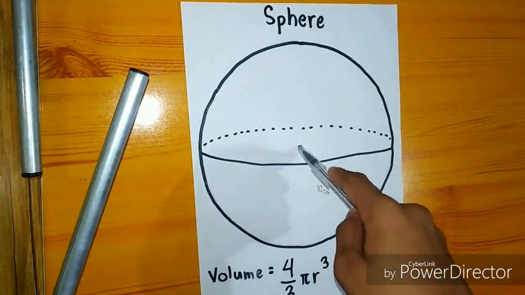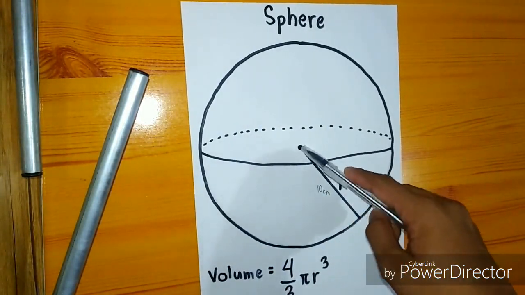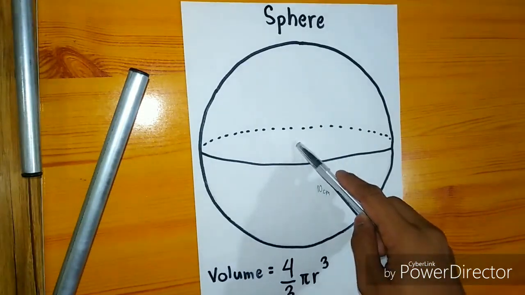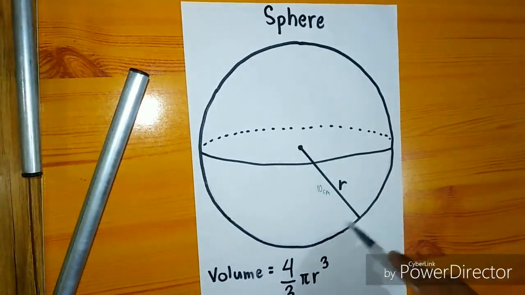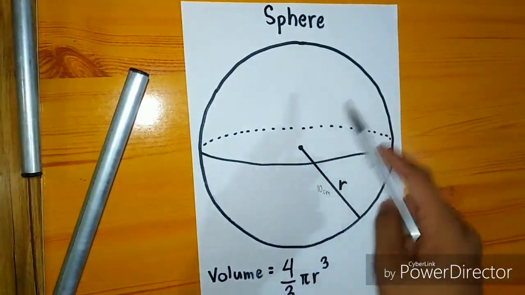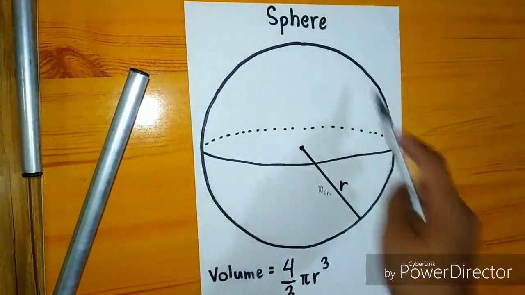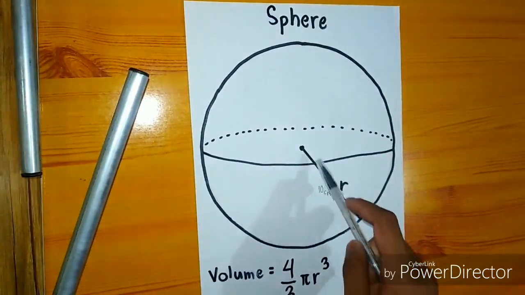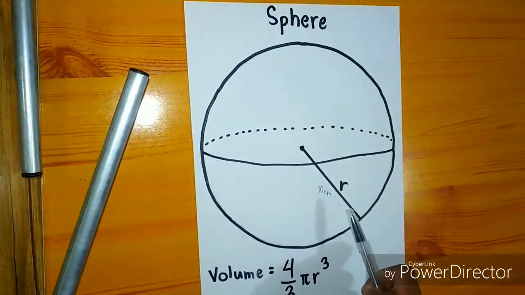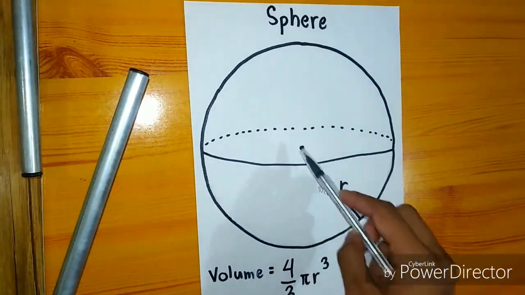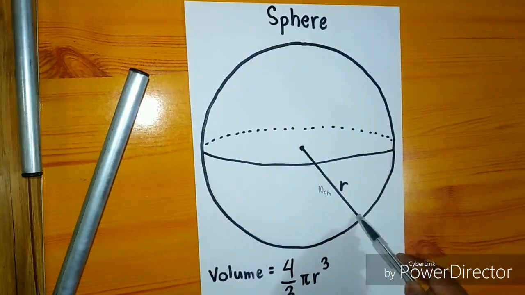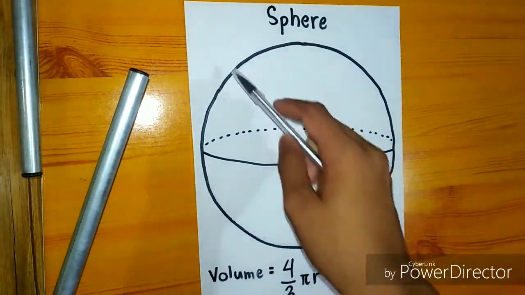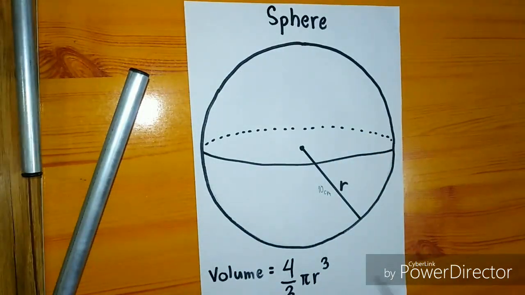If this is the center and its measurement is 10 centimeters, from the center you move 10 centimeters in every direction, everywhere, and it will form a three-dimensional sphere. And the length from this point to this is called its radius, half of the diameter. So that's the sphere.